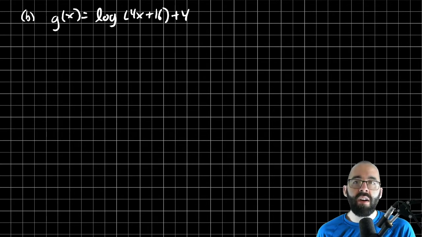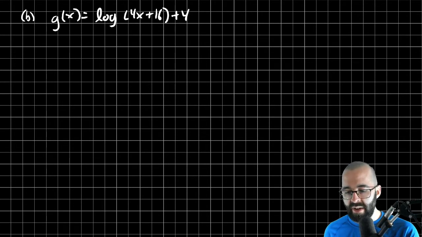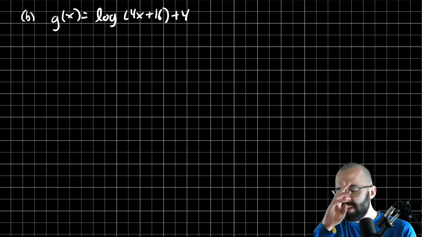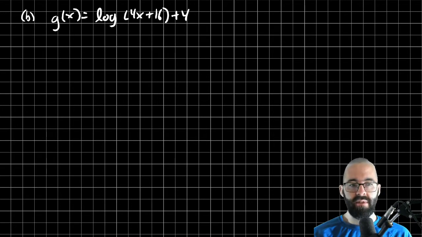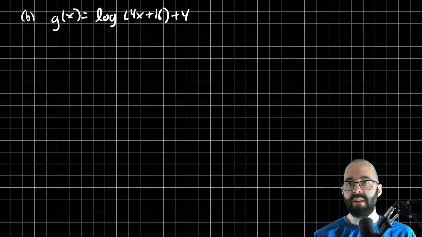It's going to be a lot harder to do this by hand. Still possible. Finding those nice points is going to take a little bit of work. The short answer is you don't have to. Okay? So let's just go over here and graph it.